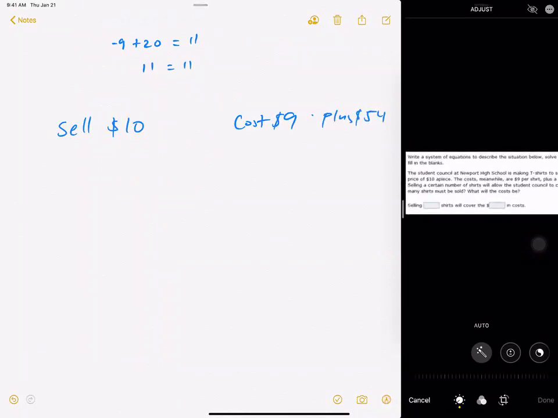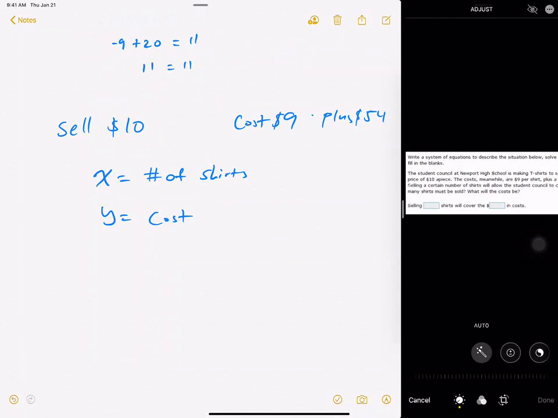We want to figure out what, call it X, will be for the number of shirts. And Y is the cost overall. The profit is like $1, right? And again, this is a student council, so they don't make a lot of profit. They just want to make sure all these kids have shirts when they sell it for this promo.